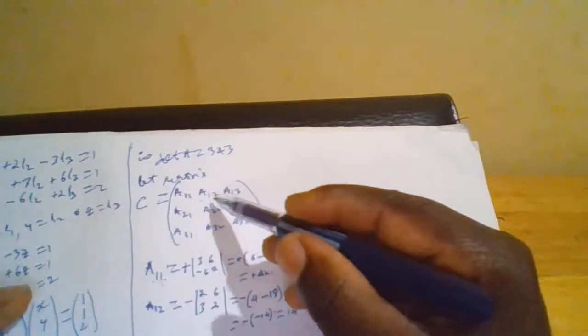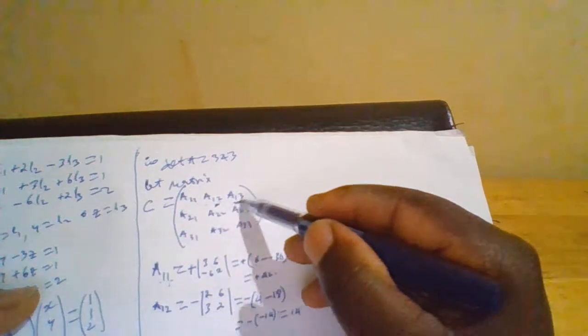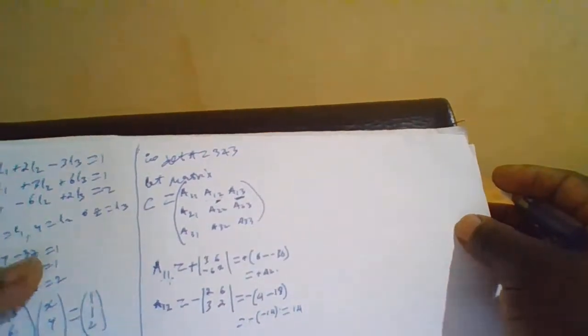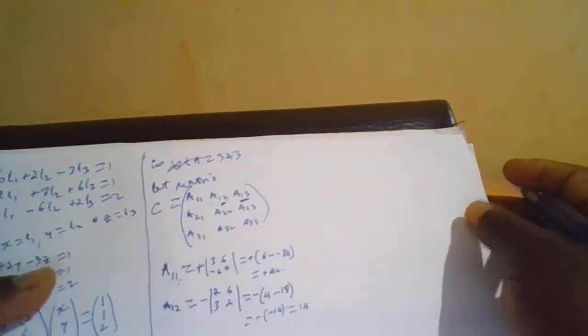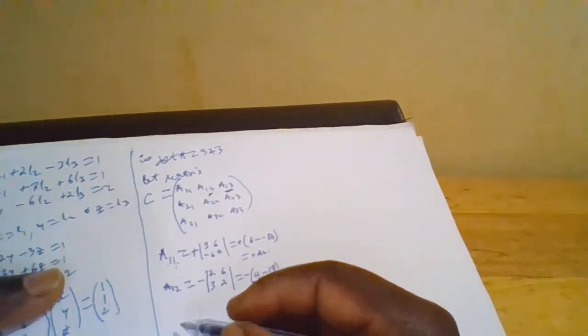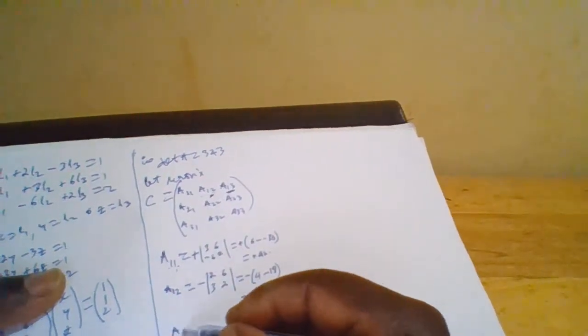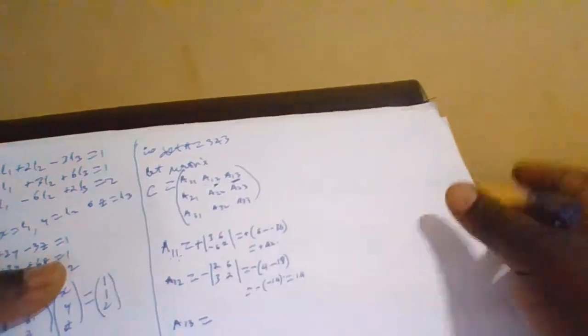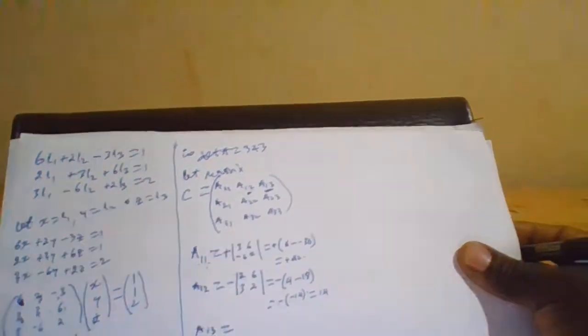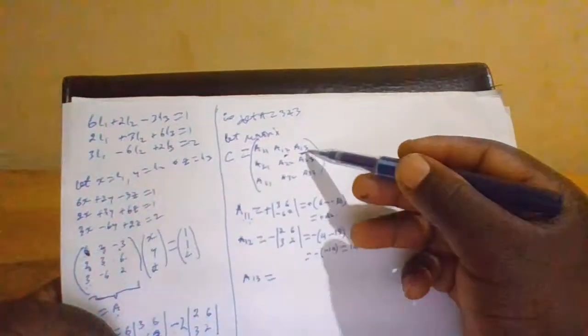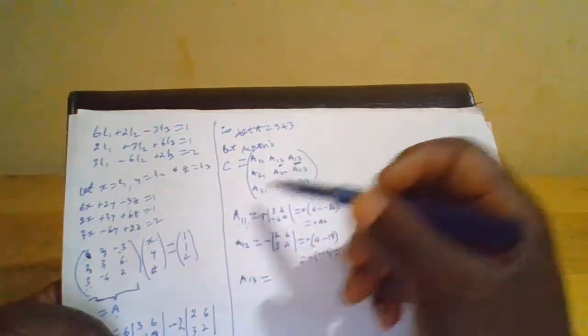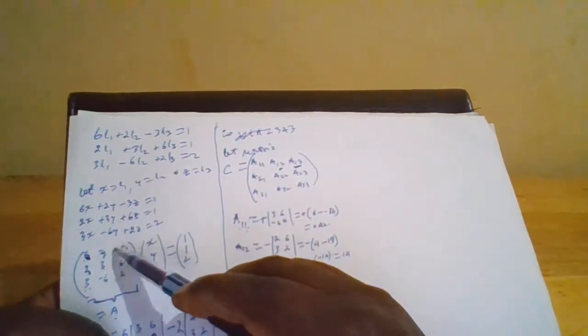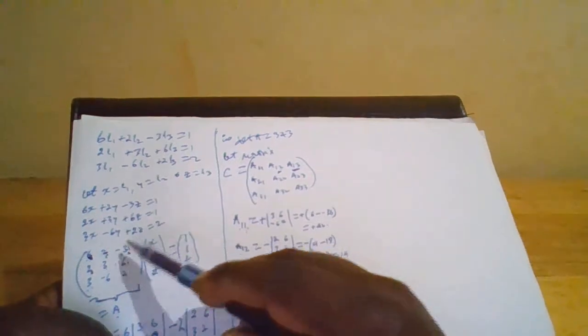So we have the value for this element. We move on to the last element in that row, A13. This element A13 corresponds to negative 3.